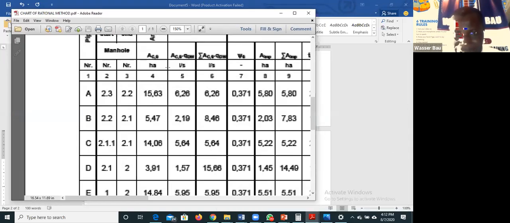So you go to your chart and fill it. This chart is like your calculation sheet. Once you do it, you go to your chart and you fill it. And the lecture note too.